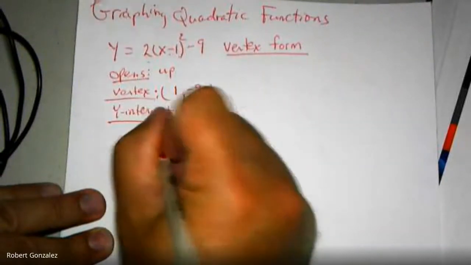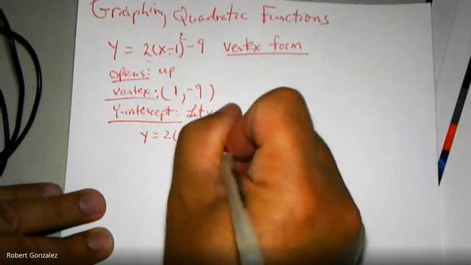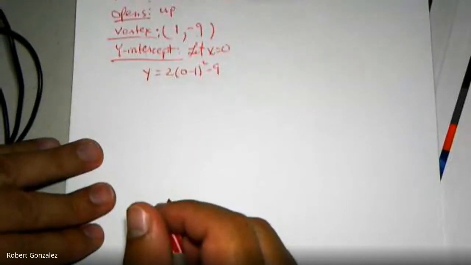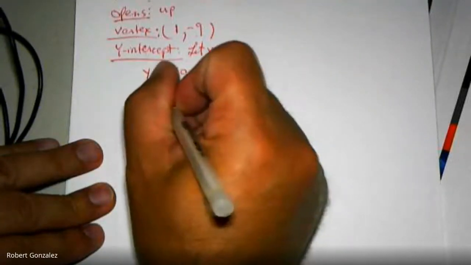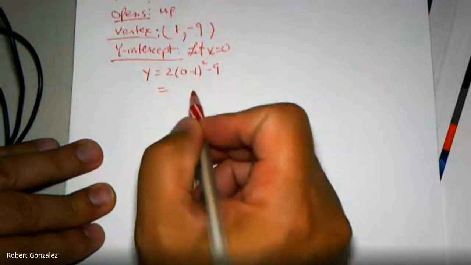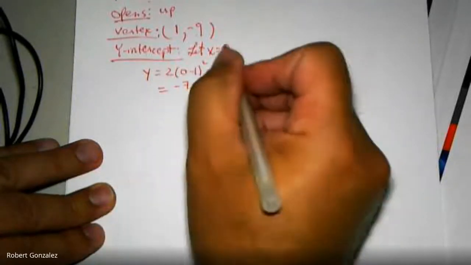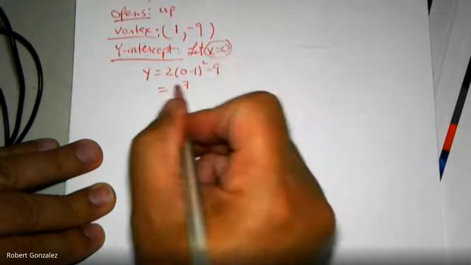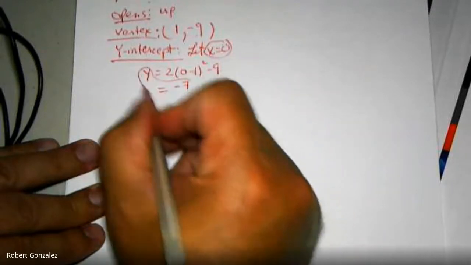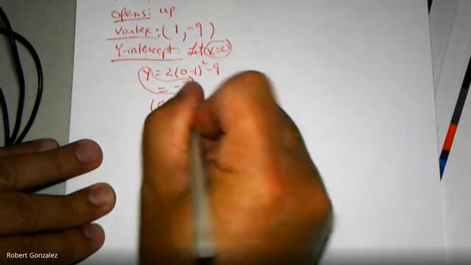So the y-coordinate is going to be 2 times 0 minus 1 squared minus 9. You can do order of operations or put that in your calculator, and you're going to get 2 times negative 1 squared, which is 2, minus 9, negative 7. This was your x-coordinate. This is your y-coordinate. Your y-intercept is 0, negative 7.